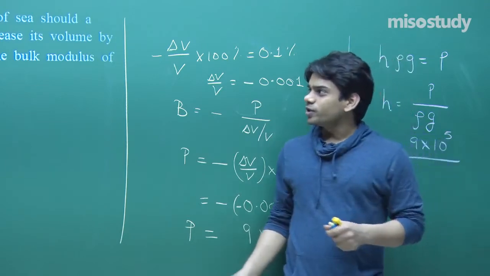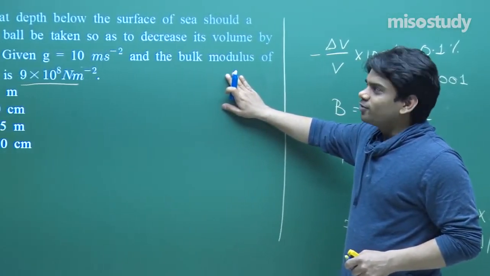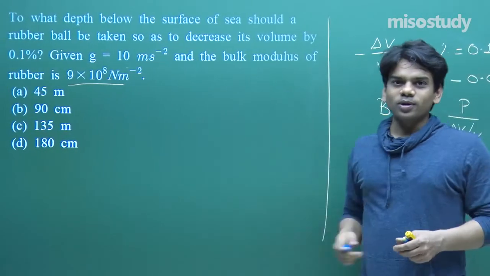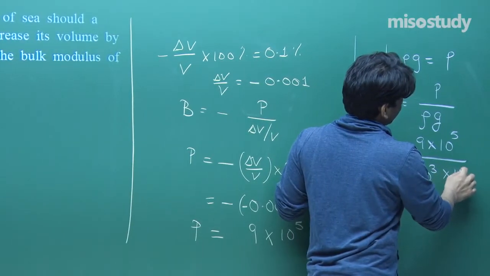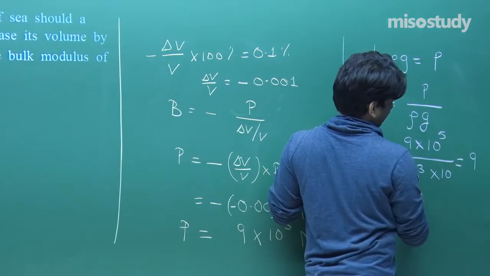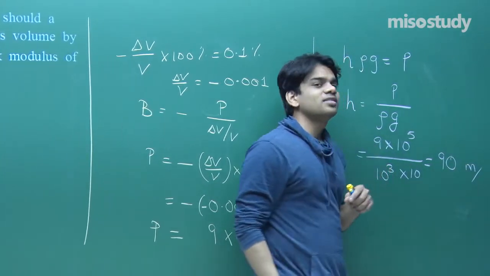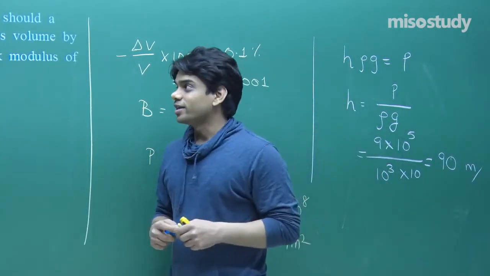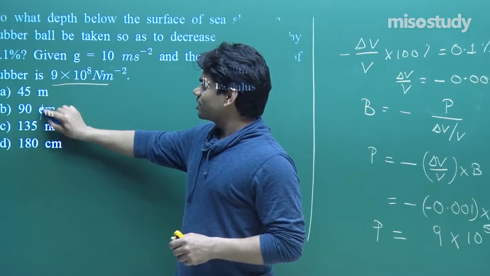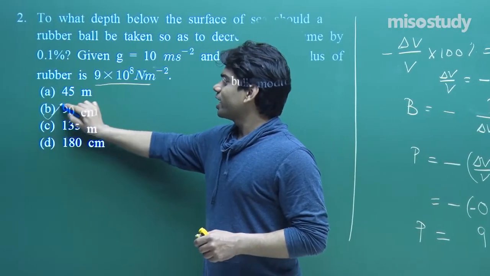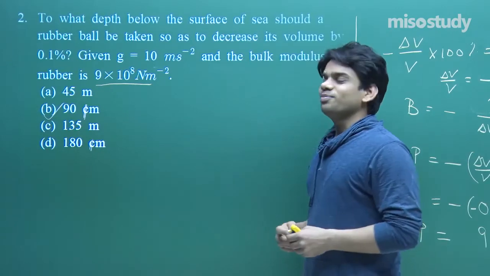Rho is the density of water, because we have to check for the water, that will be 10 to power 3, and acceleration due to gravity will be 10, so this will come out to be 90 meters. 90 meter is the depth to which you have to take the rubber ball so that its volume decreases by 0.1%. So don't worry about this centimeter, this will be only in meters. So 90 meters will be the right answer.